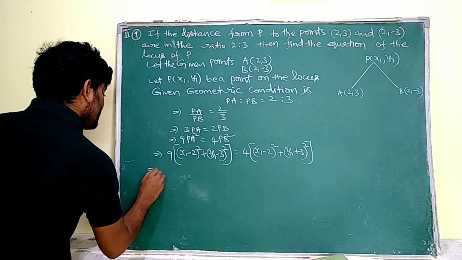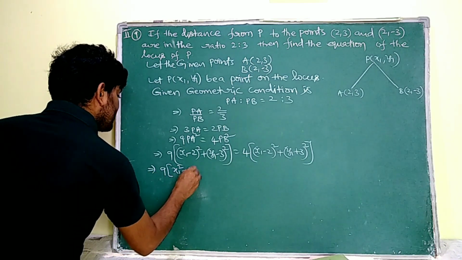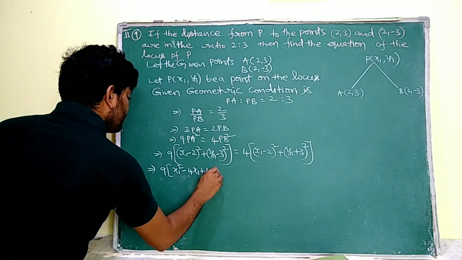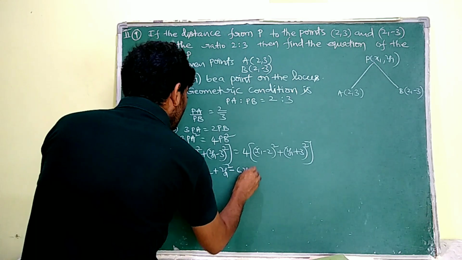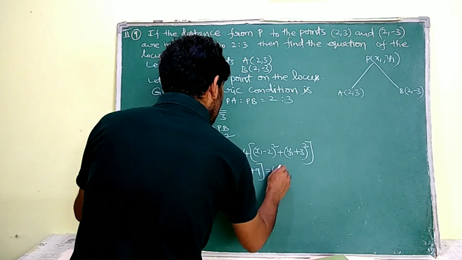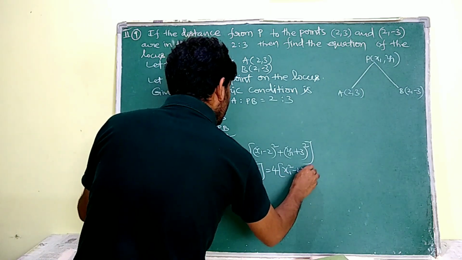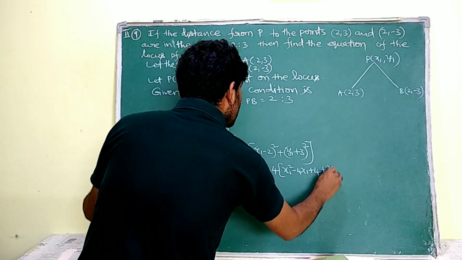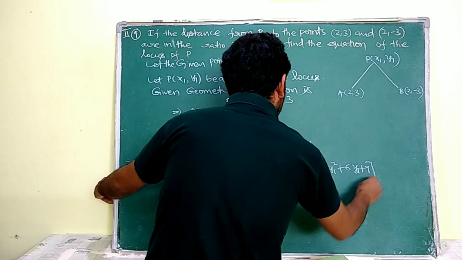That implies 9 into (x1 square minus 4x1 plus 4 plus y1 square minus 6y1 plus 9) is equal to 4 into (x1 square minus 4x1 plus 4 plus y1 square plus 6y1 plus 9).